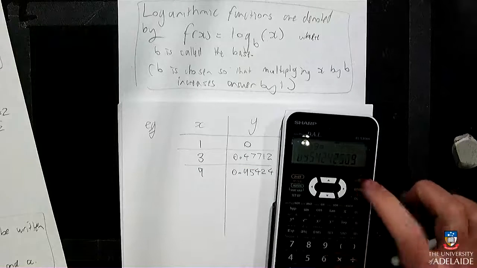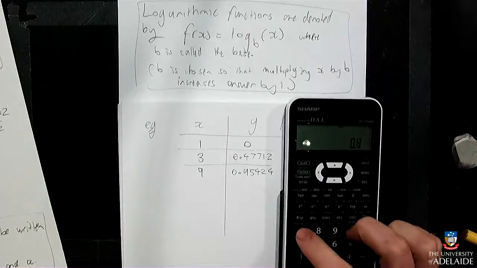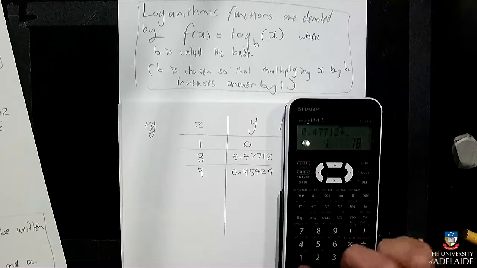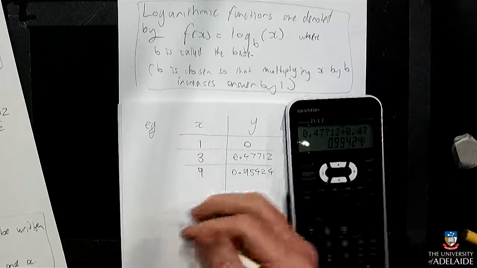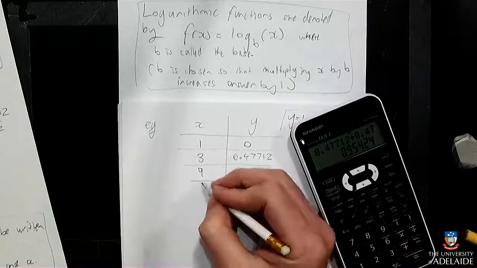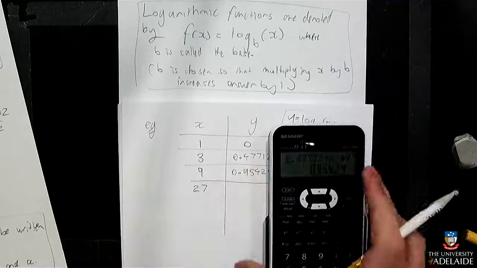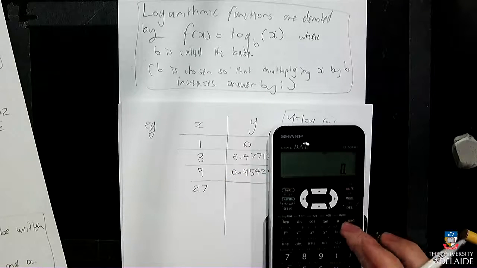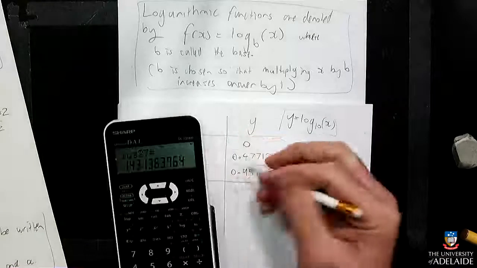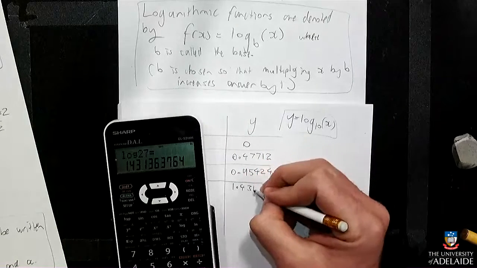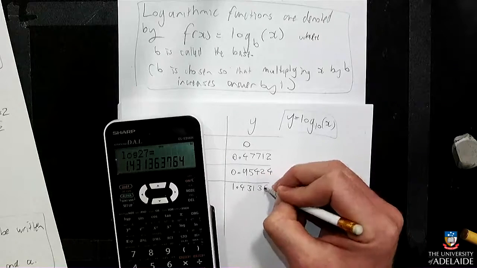Well, just a second. 0.47712, 94. Ooh, interesting. And so if I multiply by 3 again, log 27, it's 1.3136.